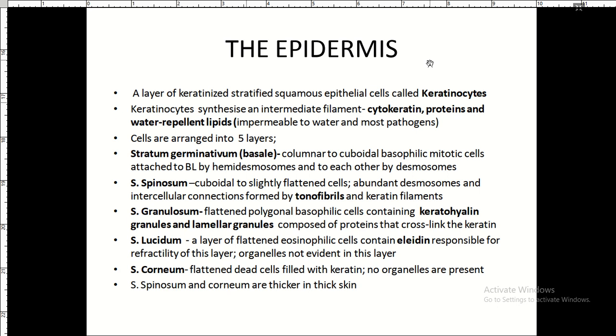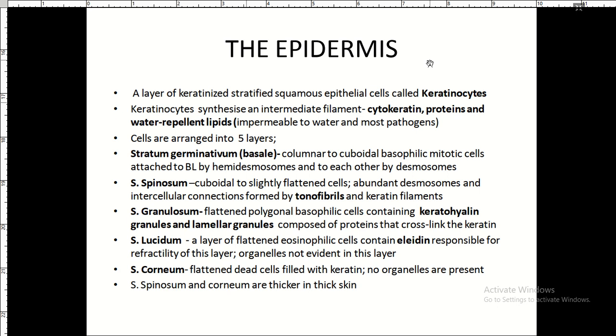Moving from the deep layer to the superficial layer, we have the stratum germinativum, or the stratum basale. The stratum germinativum is a single layer of columnar or cuboidal basophilic mitotic cells.